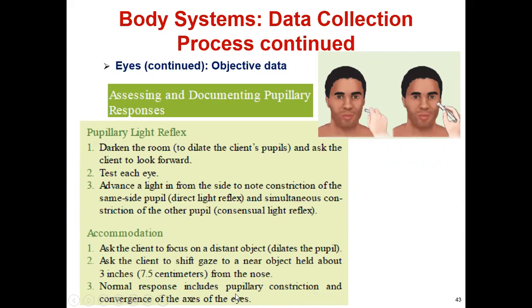Normal response includes pupillary constriction and also convergence of the axis of the eyes. But if a patient is dying, their pupil will not respond like this. It will be dilated permanently.